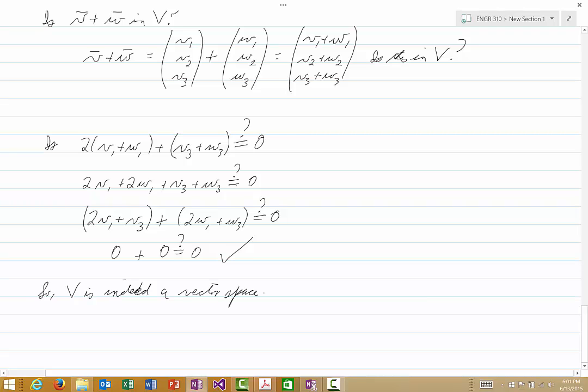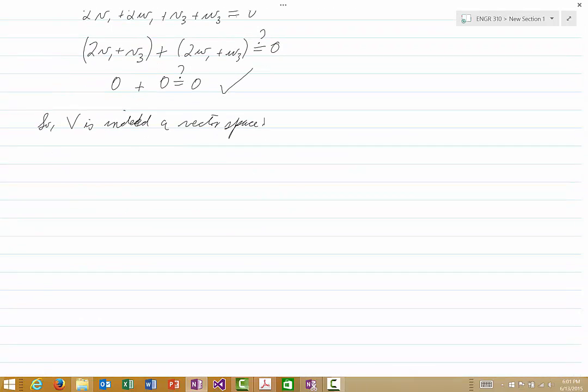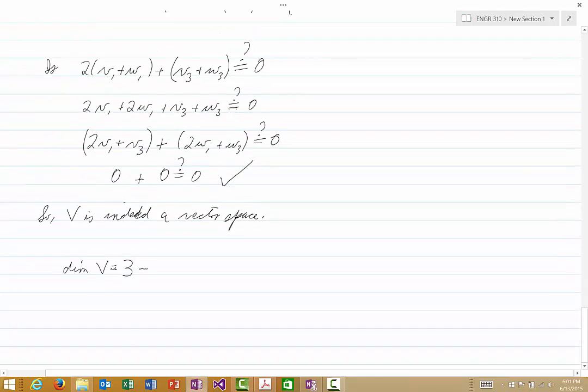And since V is a vector space, it makes sense now to talk about the dimension of V. Now the underlying space, all these vectors are in R3, so the dimension of V is 3 minus the number of constraints.